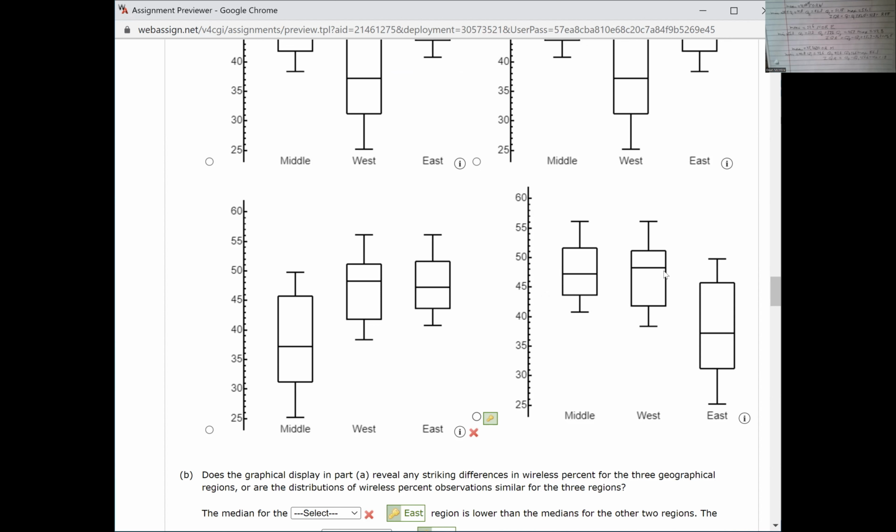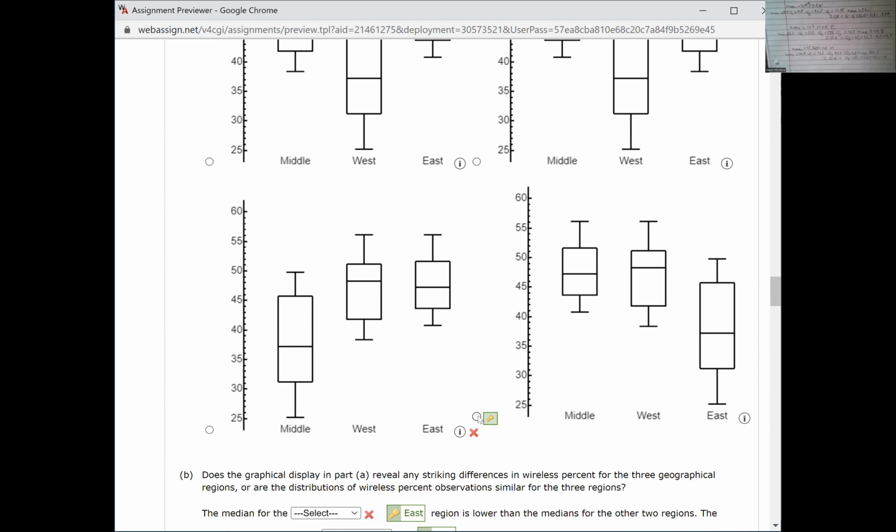And the Q2 for the West, excuse me, was 48.3, and that's about 48.3. So you can look at each one of these and go over here, and these are the box plots that represent each one of the West, the East, and the middle.